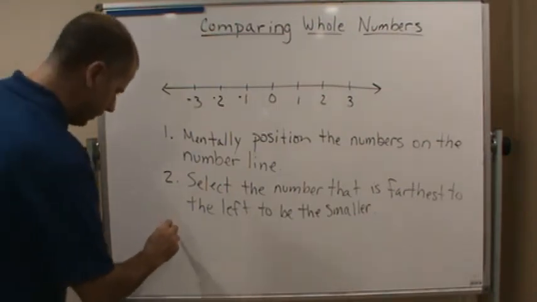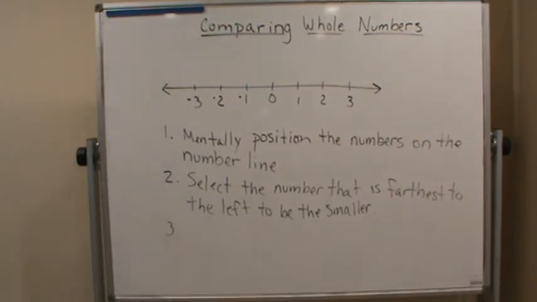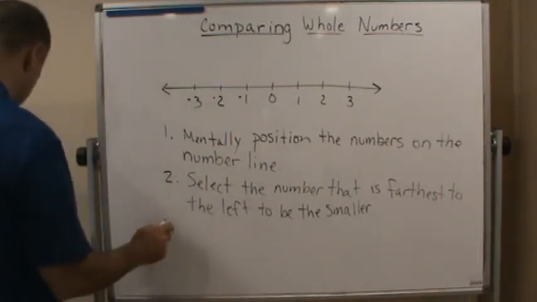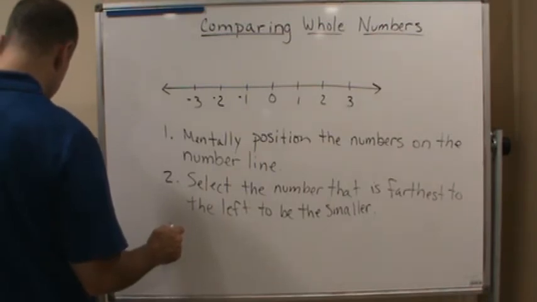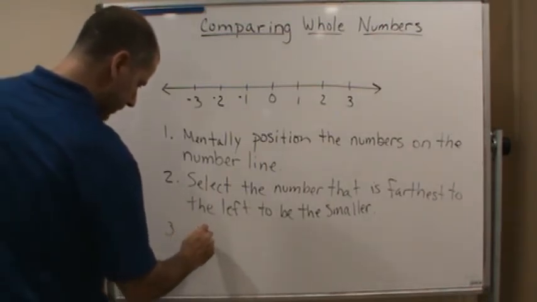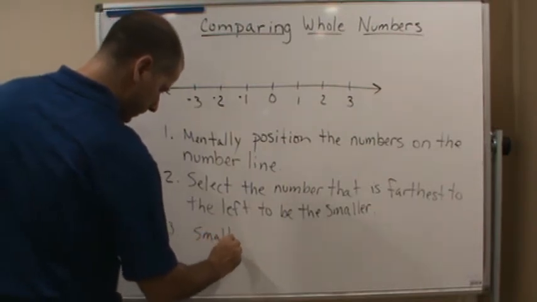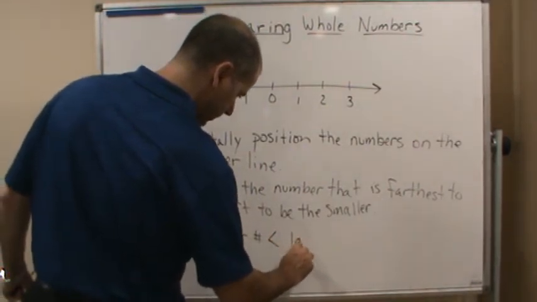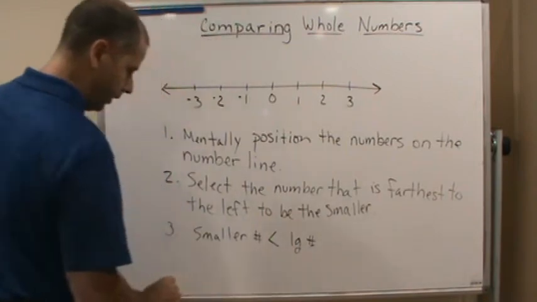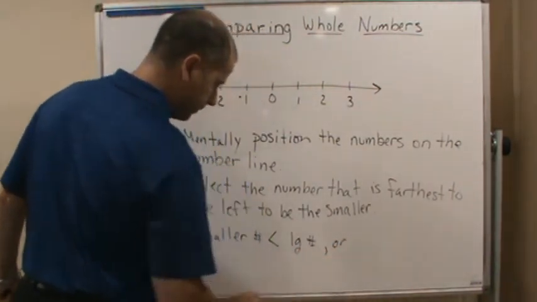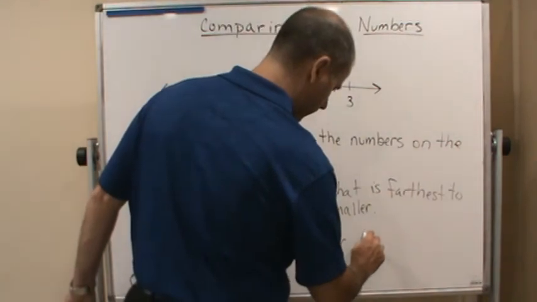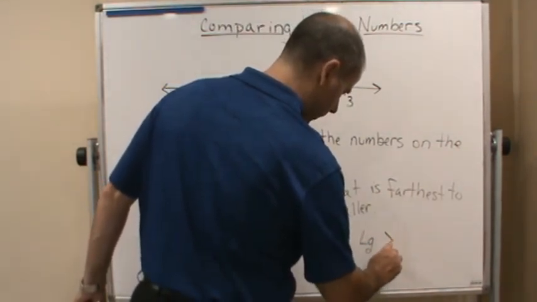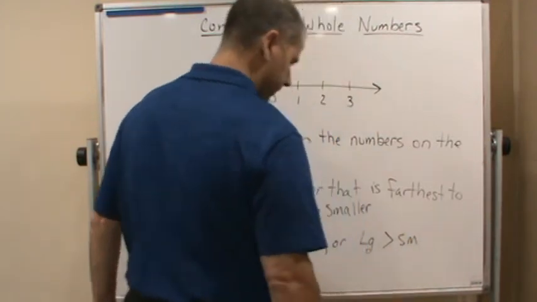Then step three is either you're going to use the less than symbol or the greater than symbol. So you're going to write the inequality. Either you write the smaller number is less than the larger number, or you write the larger number is greater than the smaller number.